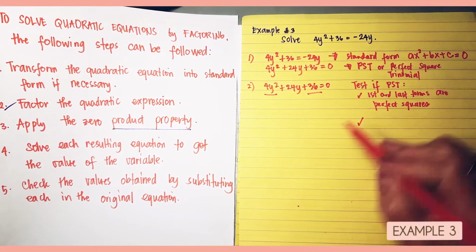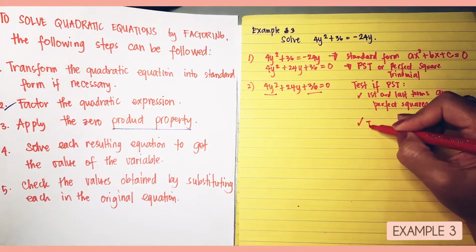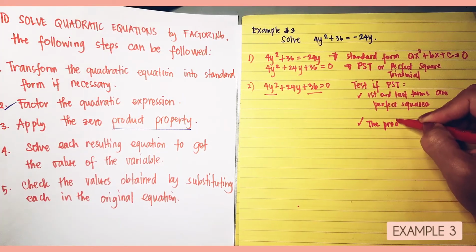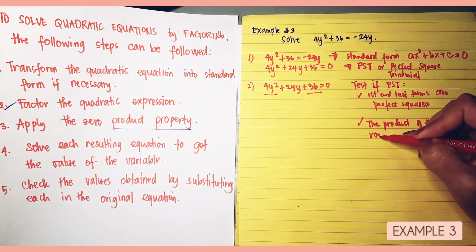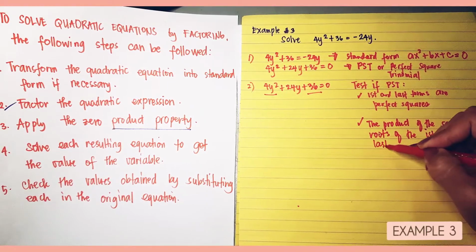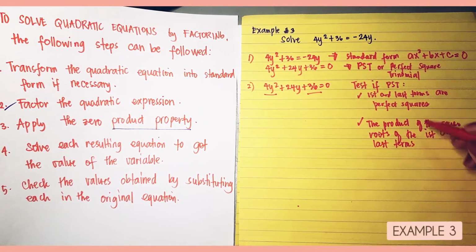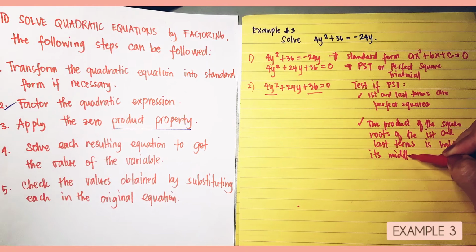Condition number 2, the product of the square roots of the first and last terms is half its middle term.